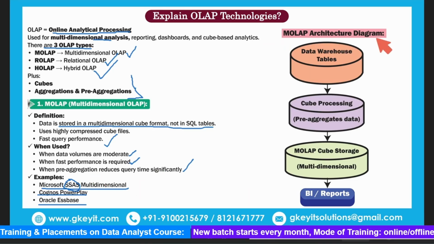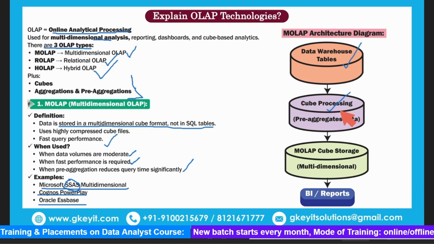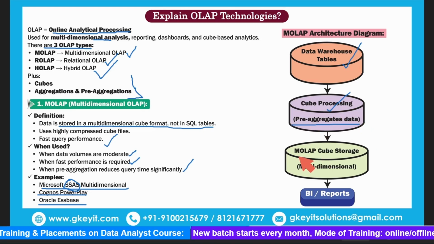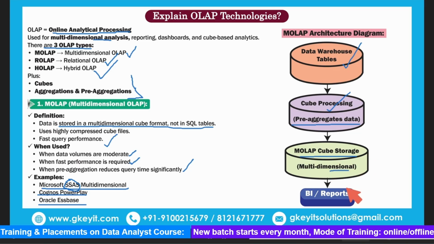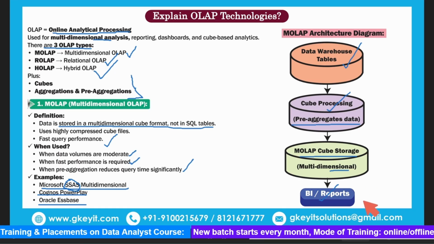Coming to the MOLAP architecture diagram, this is the data warehouse tables and this is the cube processing. Based on the tables, we are going to prepare a cube. These cubes hold pre-aggregated data, stored in MOLAP cube storage, that is multi-dimensional, and on top of this we are going to prepare BI reports for faster performance.